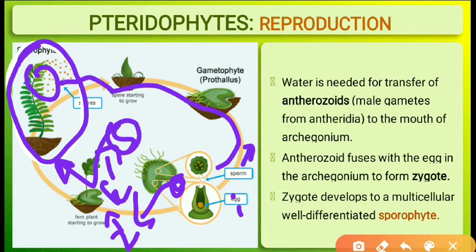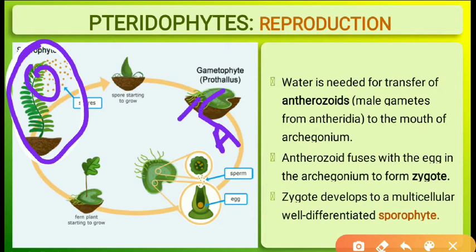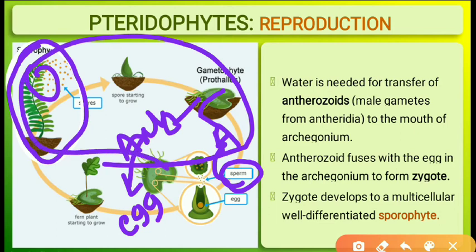So there is occurrence of two stages, one is the diploid stage and another is the haploid stage. When the archegonium forms egg by meiosis and the antheridium forms sperm by meiosis, at that stage the diploid stage is going to end, meaning the sporophytic stage is going to end.